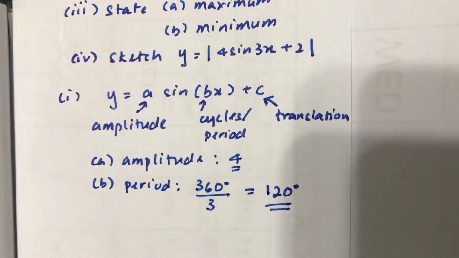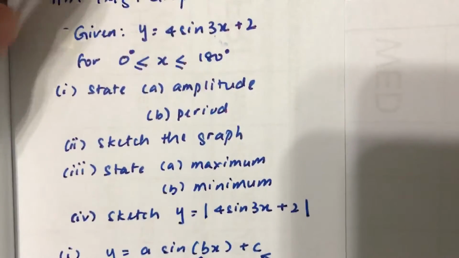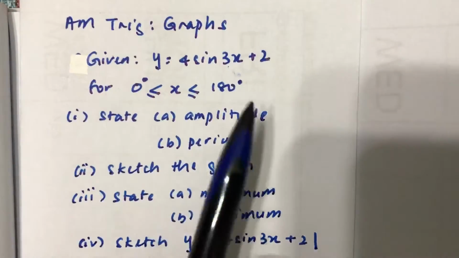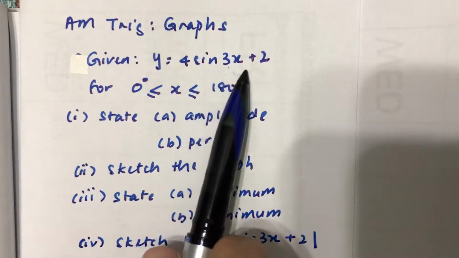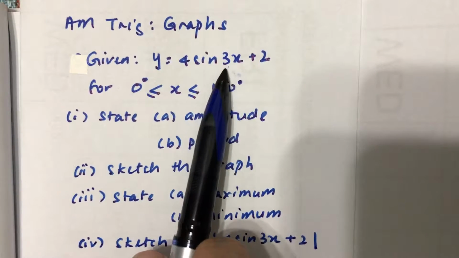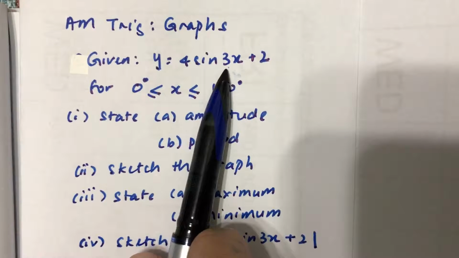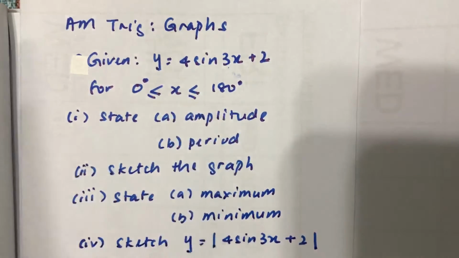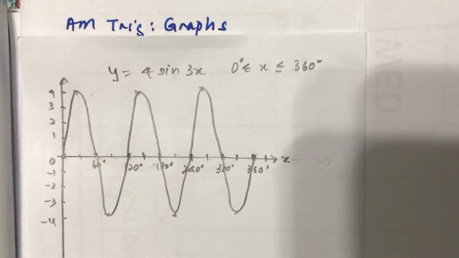Now, the second question wants you to sketch the graph. In a normal setting, when you see sine 3x, like what was mentioned earlier, you would have to fit in 3 sine graphs for a graph that reaches up to 360. So in other words, I'm going to show you this.